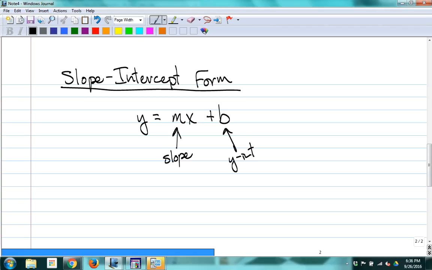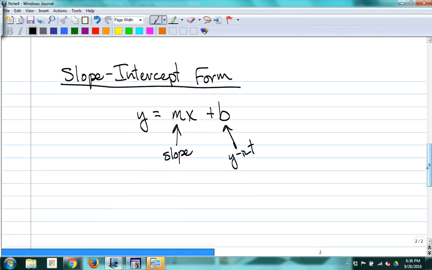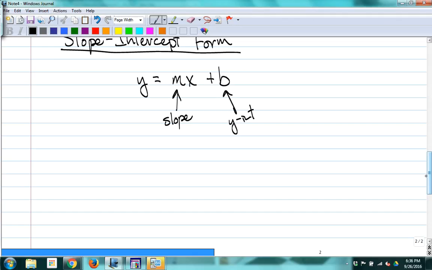All right. So let's look at the scenarios that could happen with slope-intercept form. Based on what we know we need, what two important pieces of information are there in that equation? Slope and a y-intercept. So that's the first scenario that can happen.